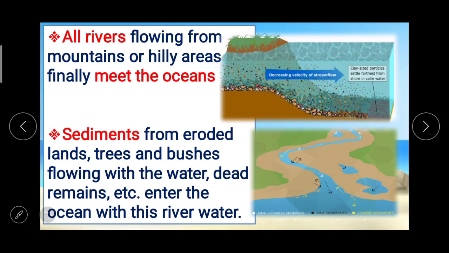And all rivers flowing from mountains or hilly areas finally meet the oceans, as we know. Now, what happens while moving from mountains towards the ocean? Sediments from eroded lands, trees and bushes flowing with the water, dead remains, etc., enter the ocean with this river water. Now, the first thing, remains of the dead living things, and then the sediments from the rivers.